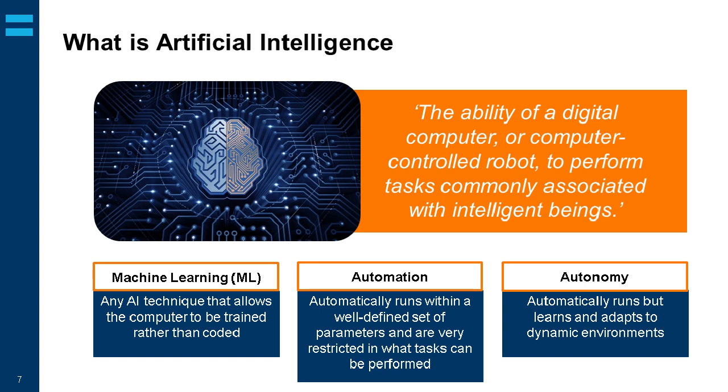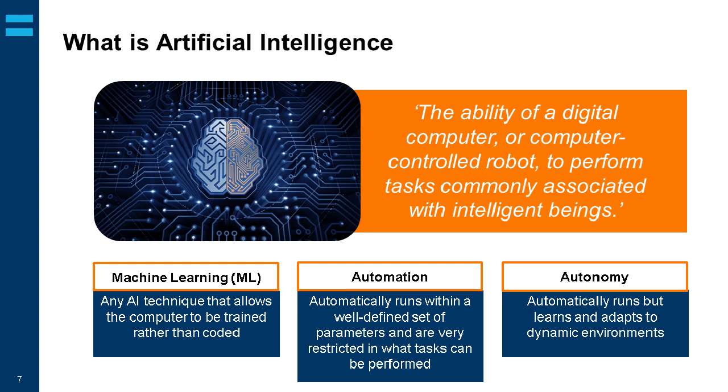Now, another couple of definitions that often get crossed over with AI and even each other are automation and autonomy. Automation is when something automatically runs within a very well-defined set of parameters and is very restricted in the tasks it can perform. You often see this in manufacturing units, those automatic functions.